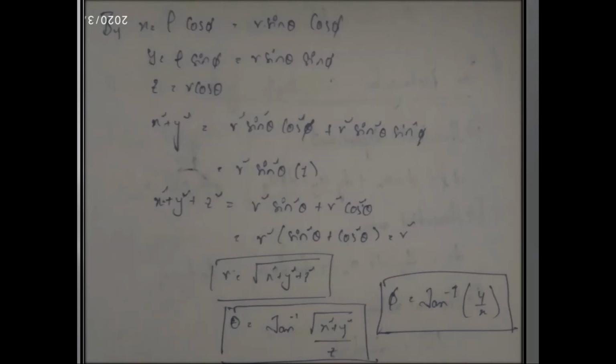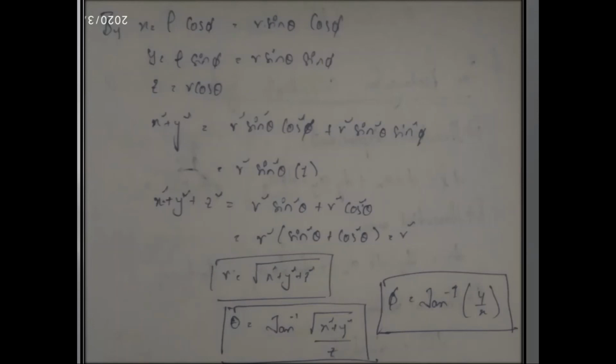If we square and add the x and y values, we get r square sin square θ cos square φ plus r square sin square θ sin square φ. Taking r square sin square θ common, we get cos square φ plus sin square φ, which is equal to 1, and the resultant value for x square plus y square is r square sin square θ.